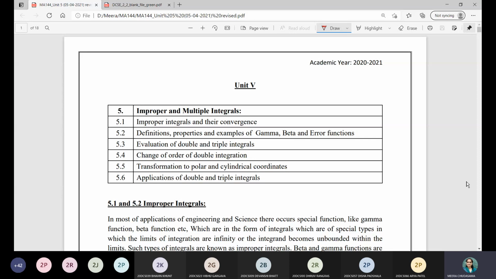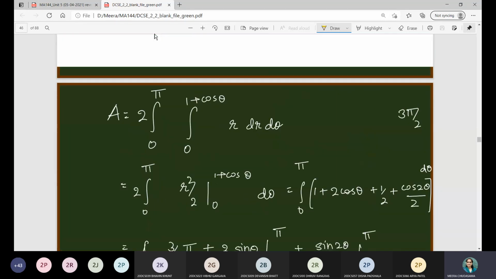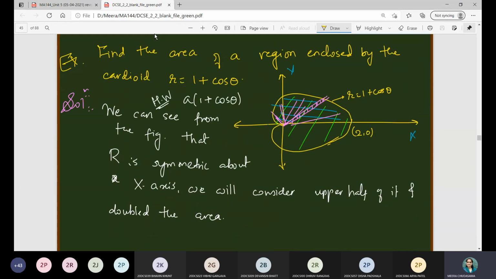Fine. So let us start with the things which we have left in the last lecture. In the last lecture, we were solving multiple integrations, and we saw the applications of multiple integrals, in which we can find the area and volume of a given structure using double and triple integration.